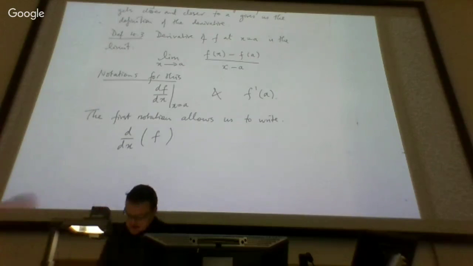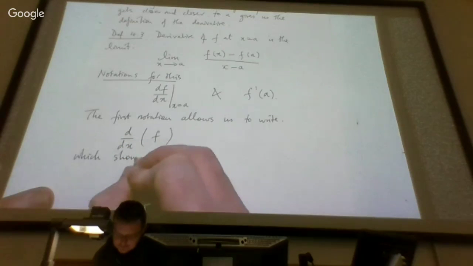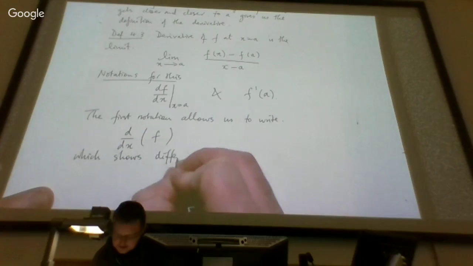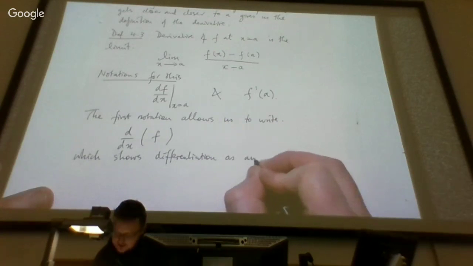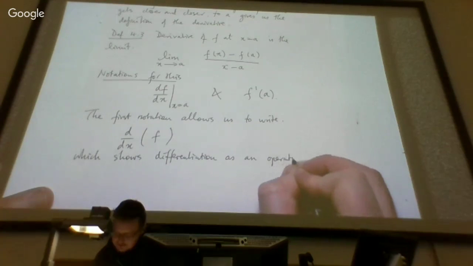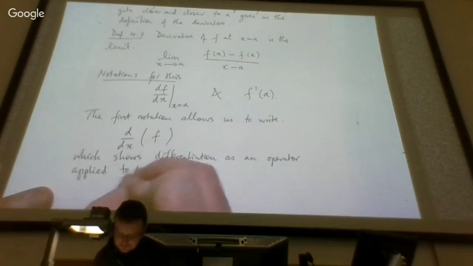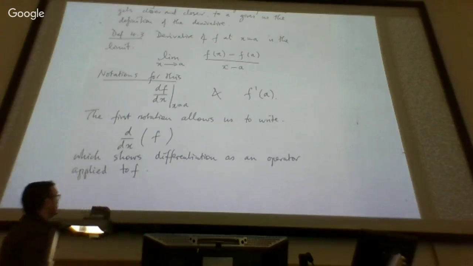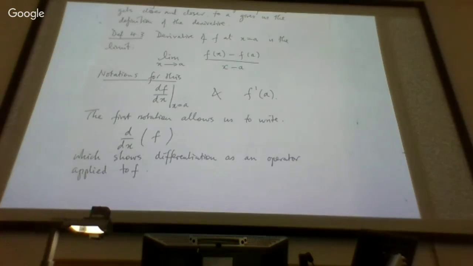So it allows us to write things like this, which shows differentiation as an operator applied to a function f. And you can refer to the operator itself as d dx. You can name the process with its own name. You can talk about it.